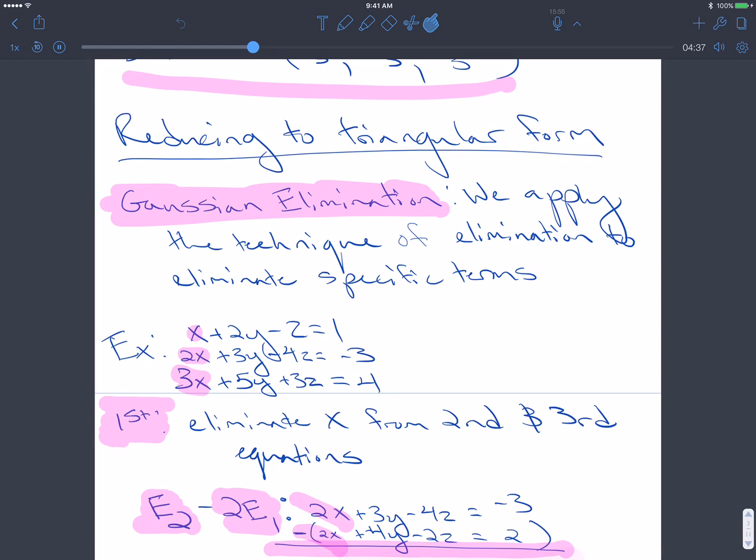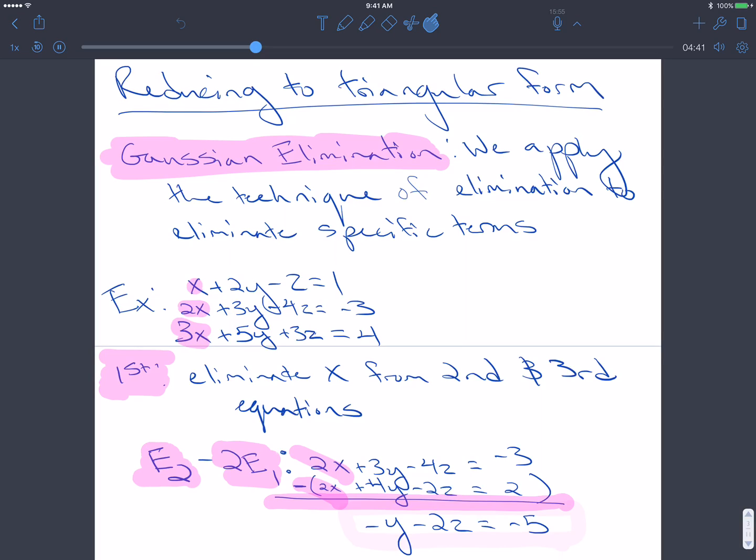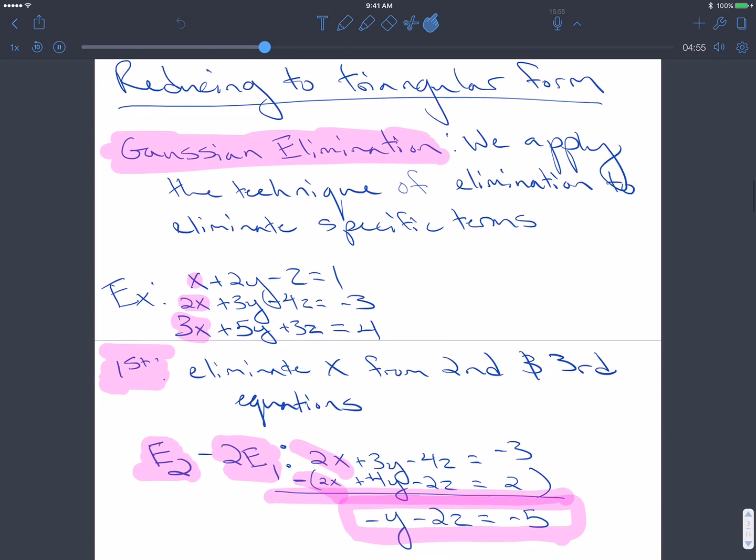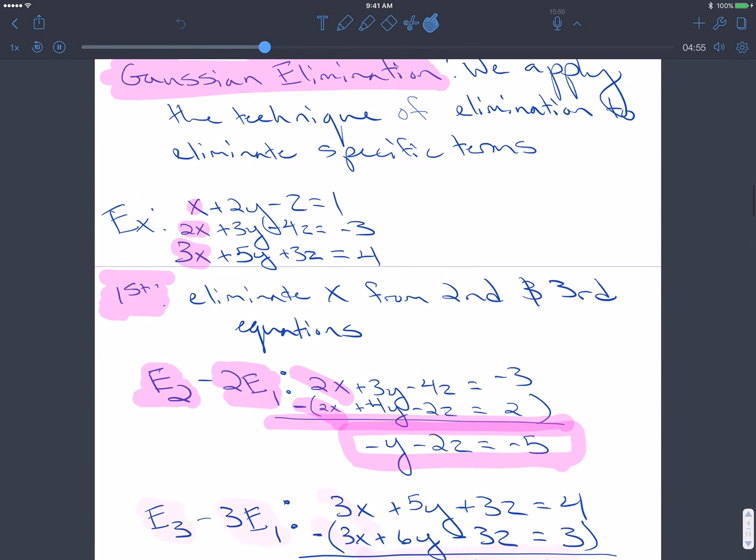Negative 4 plus negative 2z becomes a negative 2z, and then negative 3 minus 2 is negative 5. So that changes the second equation from 2x plus 3y minus 4z equals negative 3 to negative y minus 2z equals negative 5.